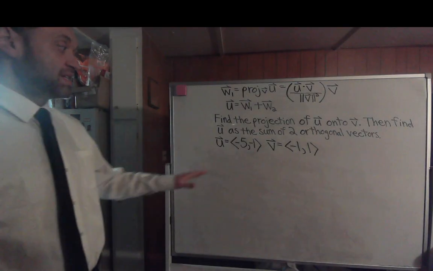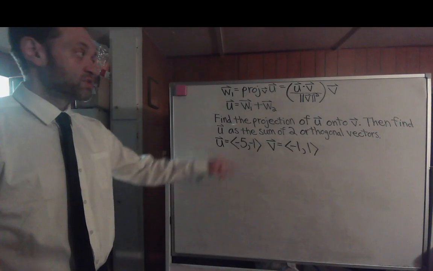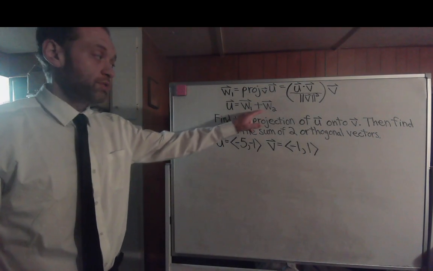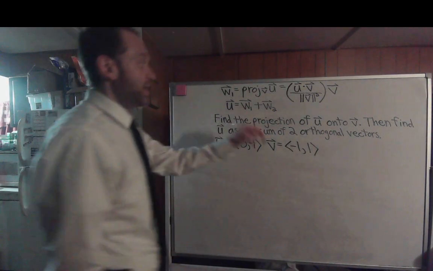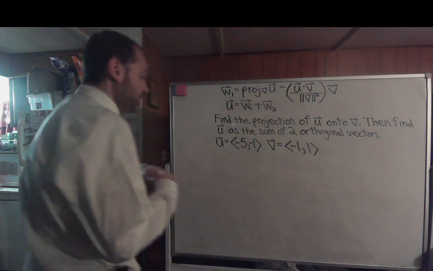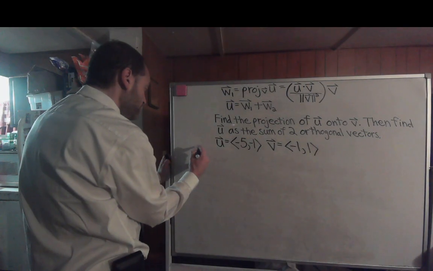Again, the goal is to decompose vector u into the sum of two orthogonal vectors, which we'll call w1 and w2. In order to find w1, we need to find the projection of u onto v. So let's start by finding the dot product of u and v.